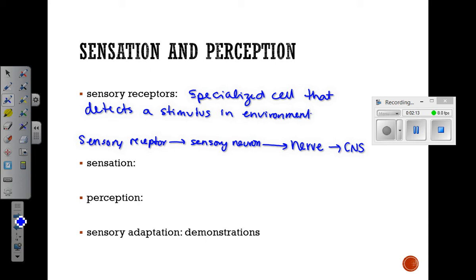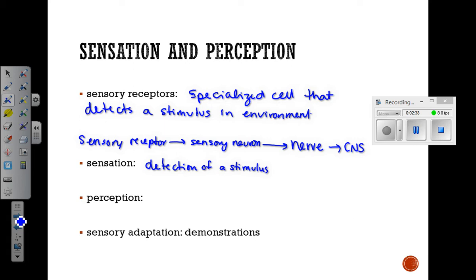So there are two words that often get used together, sensation and perception. Sensation is the detection of a stimulus, which your body does sometimes without you being aware that it is happening. And that is because perception is the part where you become aware of the sensation.